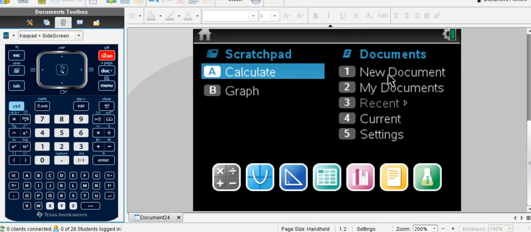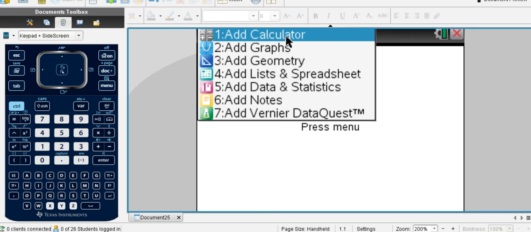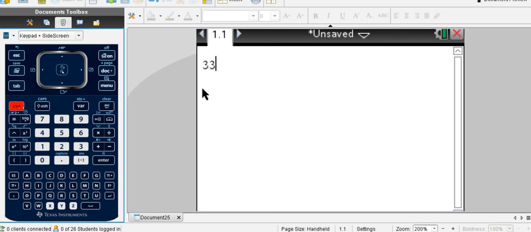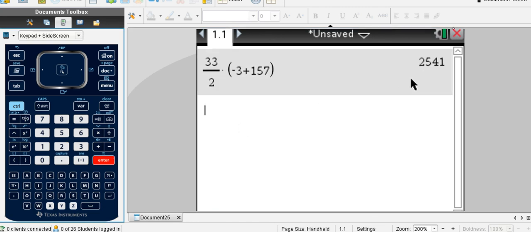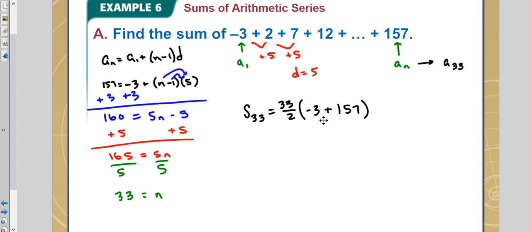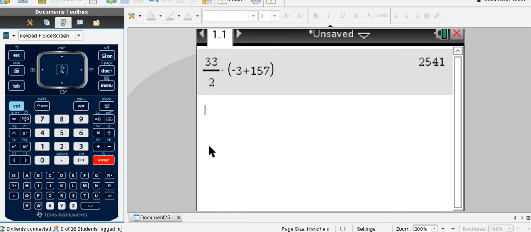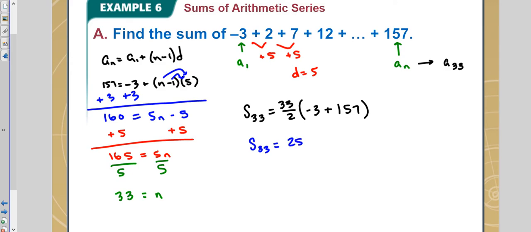So we'll come over here, calculator, and so we have 33 over 2, and that's going to multiply times, parentheses, negative 3 plus 157 to make sure I don't make any other errors. And I need a 2 right there. Press enter. 2,541. So the sum of the first 33 terms is 2,541. And that would be my answer here.